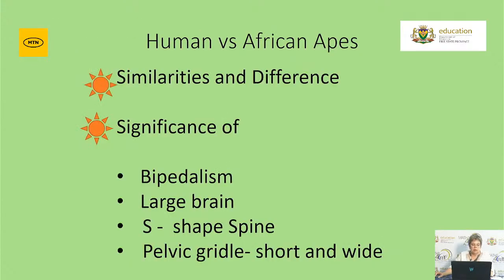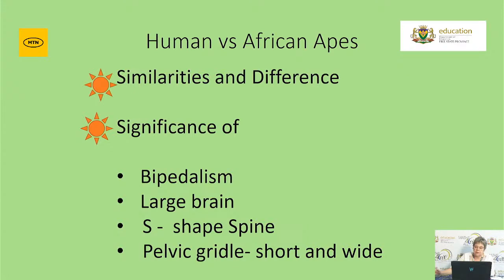The last thing that I want to emphasize is humans versus the African apes, similarities and differences. Look at the similarities and differences, but also in the differences, look at the significance of bipedalism, the large brain, the C-shaped spine, the pelvic girdle, which now is short and wide. In bipedalism, you can walk upright, you can see further, you can spot predators, and hands are free to use tools or to protect or whatever.